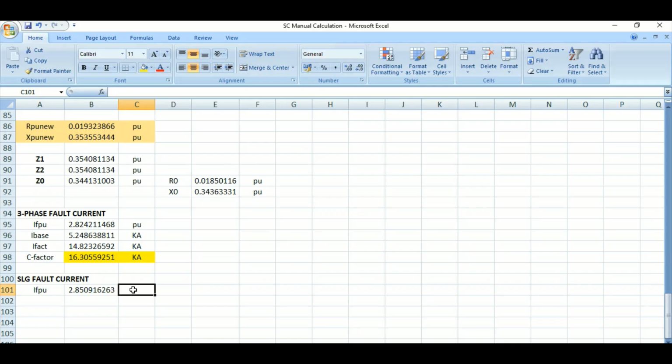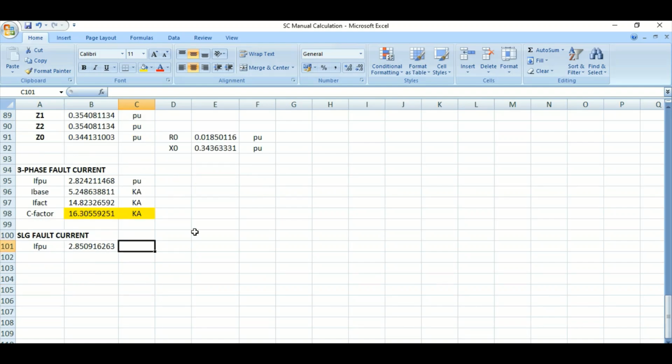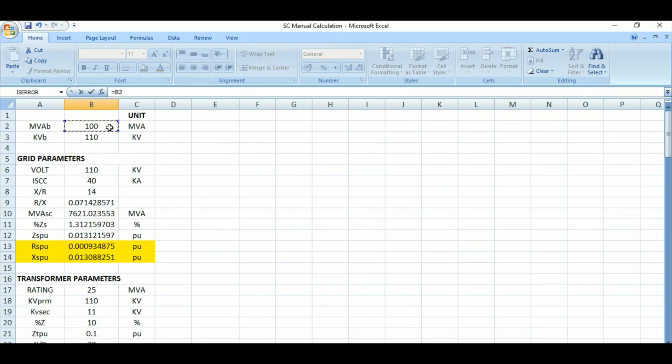So this is 2.85 per unit. This is in PU. Now what is the base current? The same thing, that equals base MVA divided by root 3 into base kV.